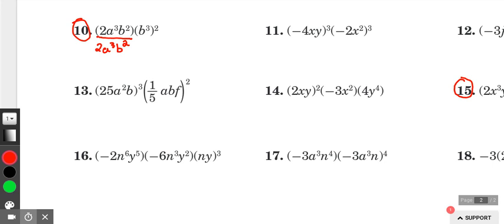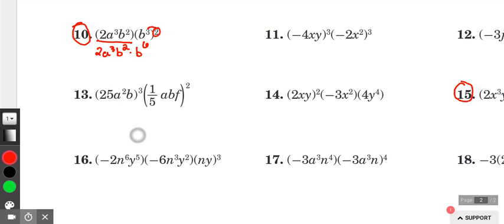And then my other one, this one I have the power of a power. So I need to remember I'm going to multiply those exponents. So for that b, 3 times 2 is 6. Then I go ahead and I'm going to do multiplication like we were doing on the other side. So can organize. 2 is my only number. If you want to say 2 times 1, that's fine.